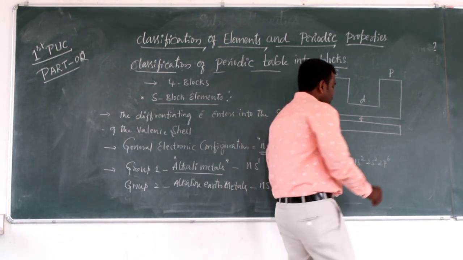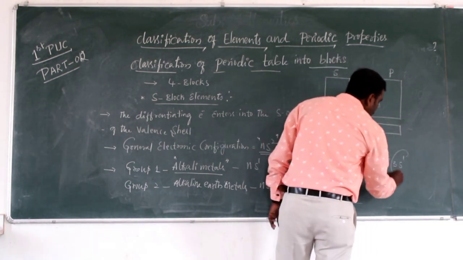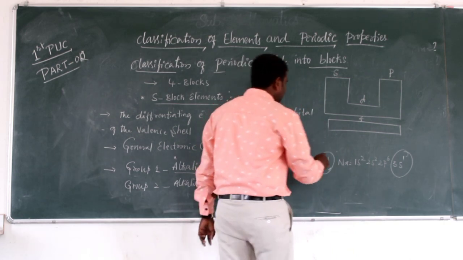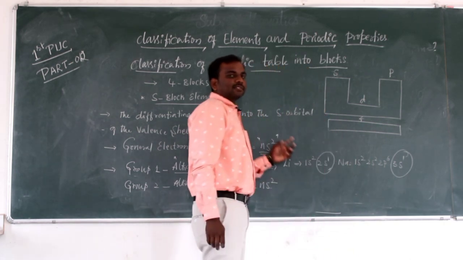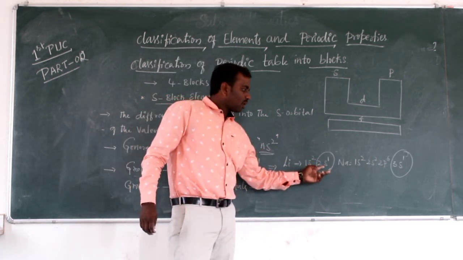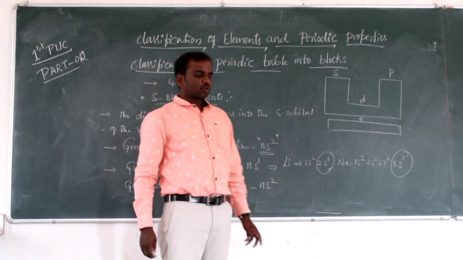Remaining 1, so 3s1. Here only one electron is present in the valence s orbital, ns1.